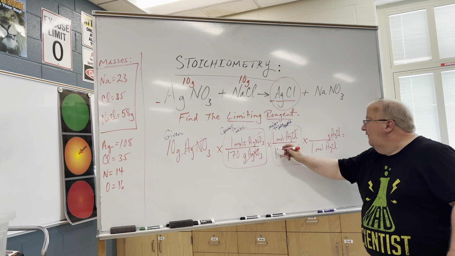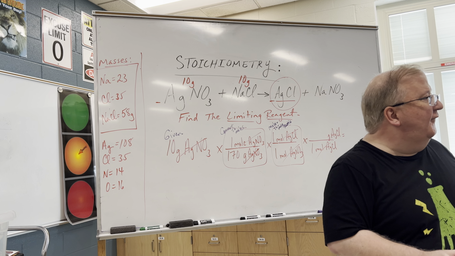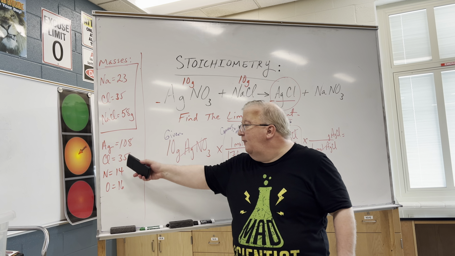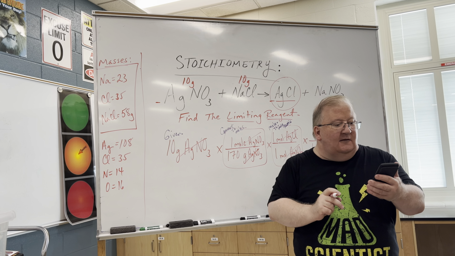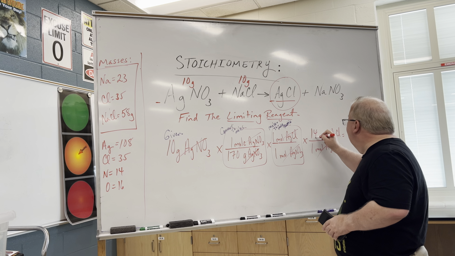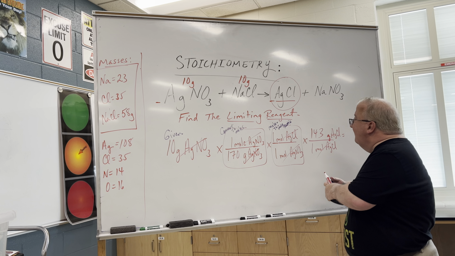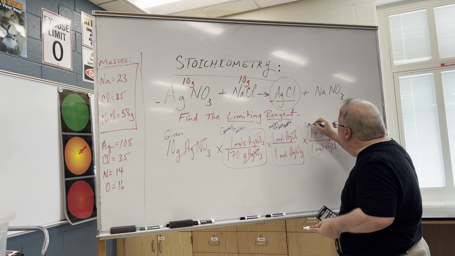How do we do that? We add up the mass of silver and the mass of chlorine. We look at the periodic table: 108 plus 35, and it's 143 grams. In this last step, we just converted back to grams.